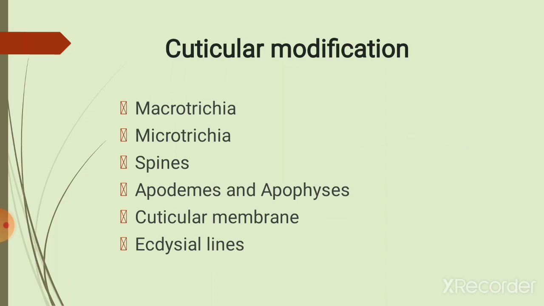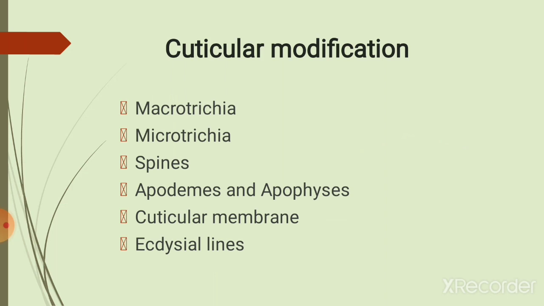This is the cuticular modification. In the cuticular modification, the first topic is macrotrichia. Macrotrichia are hollow hairy exocuticular processes. They are of great taxonomic importance as their distribution differs from species to species.